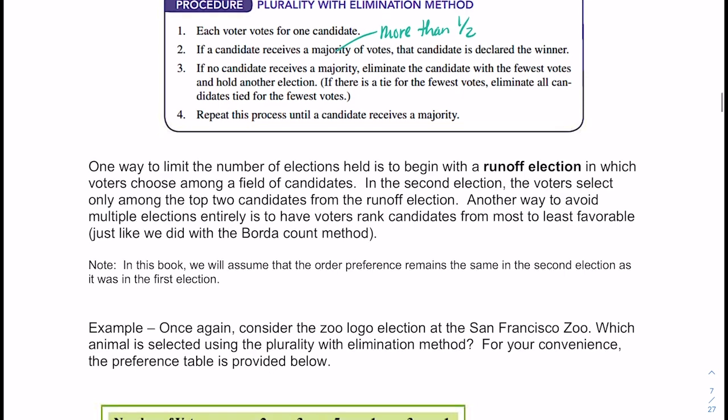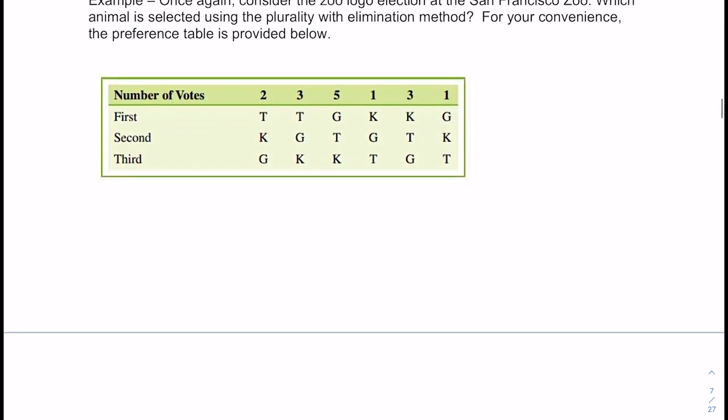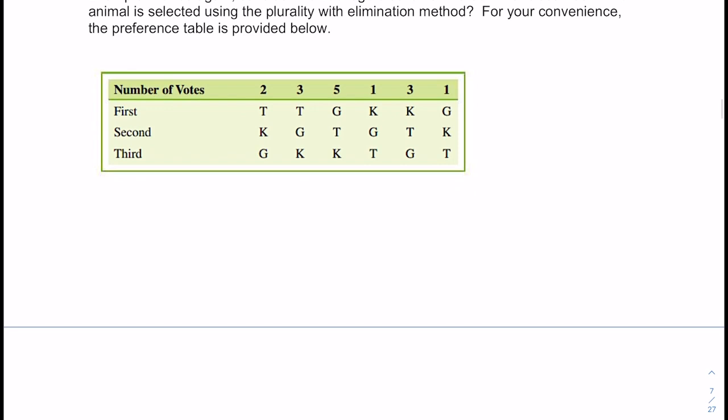All right, so let's look at the zoo logo problem again, and here's the preference table. This time we're going to figure out which animal is selected using the plurality with elimination method. We're going to keep in mind here that if we add up the number of votes, we get 15.